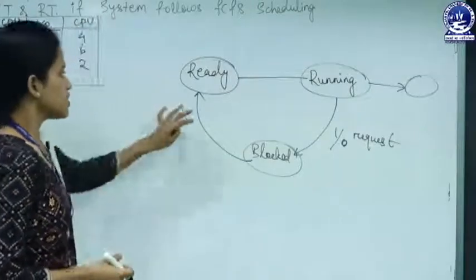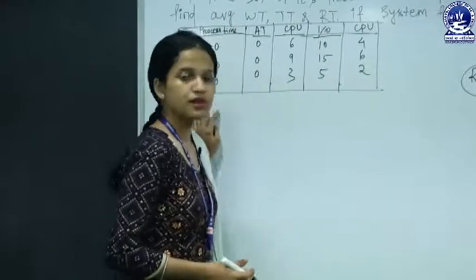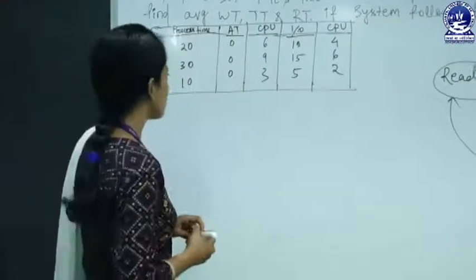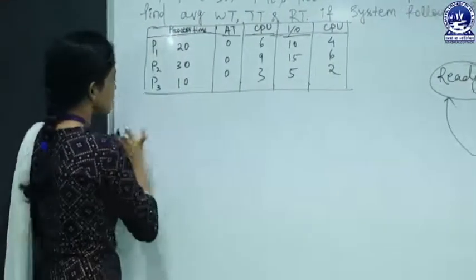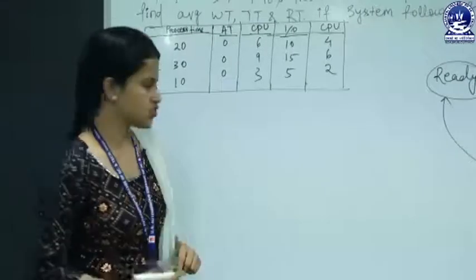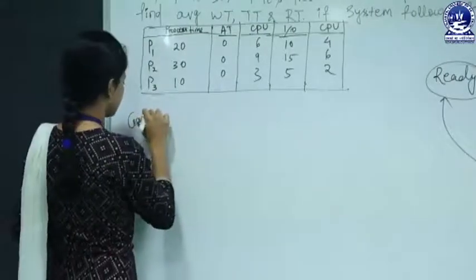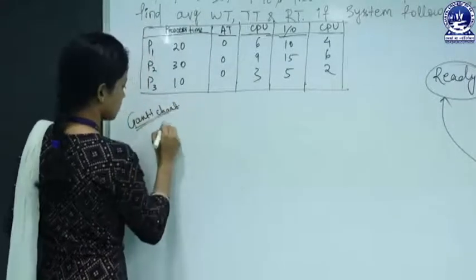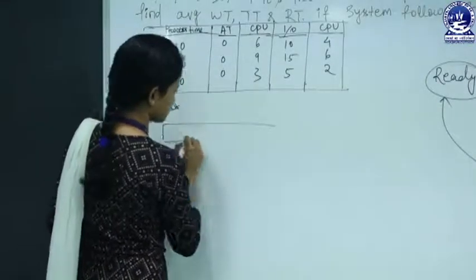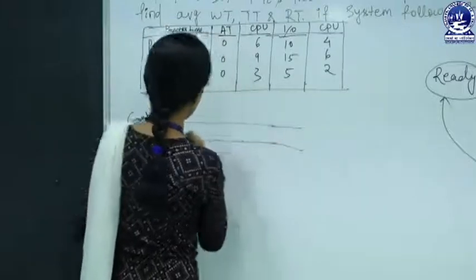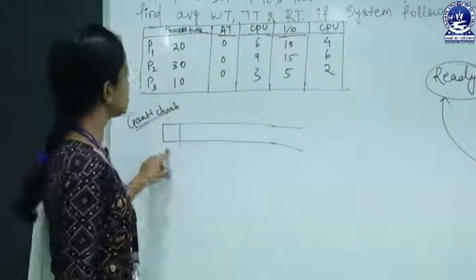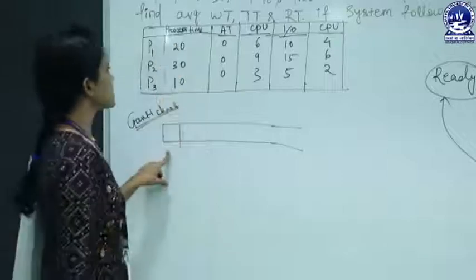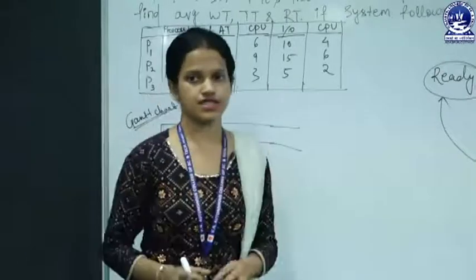So let us try to solve these numericals with the help of FCFS scheduling. First of all, we'll draw the Gantt chart. We'll see which processes come first.